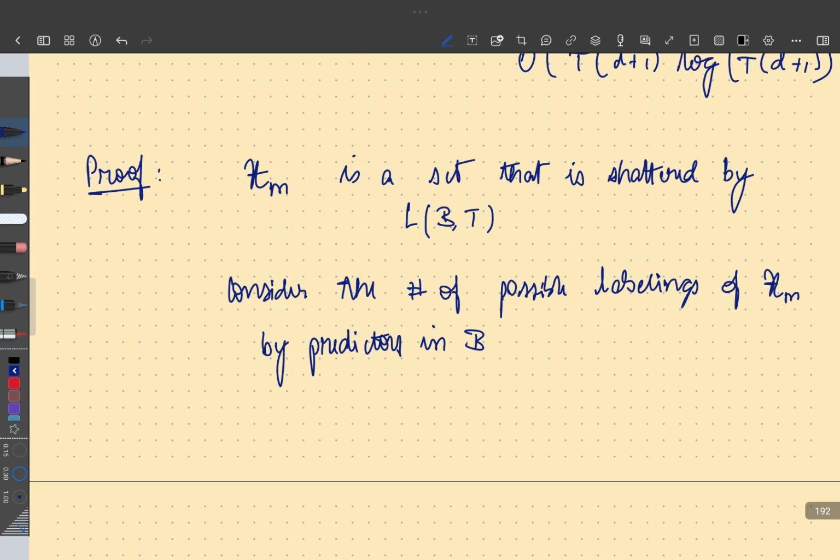Is there something you've seen before? I have this set x1 through xm. It consists of m points. And I want to know how many possible labelings I can get for this set using hypotheses from B.